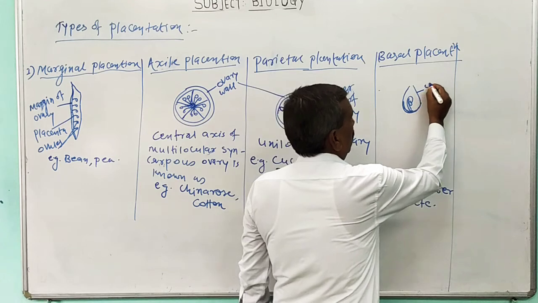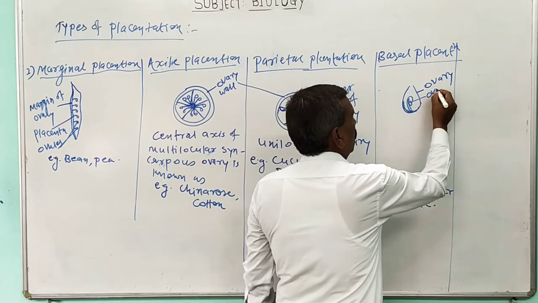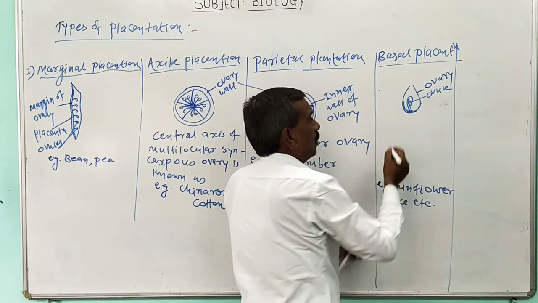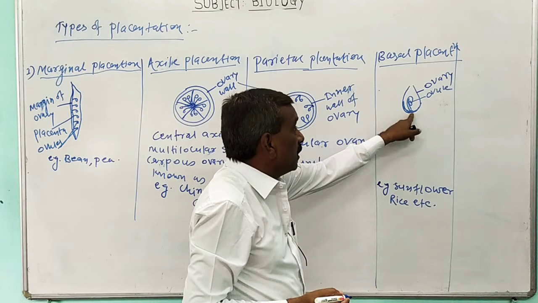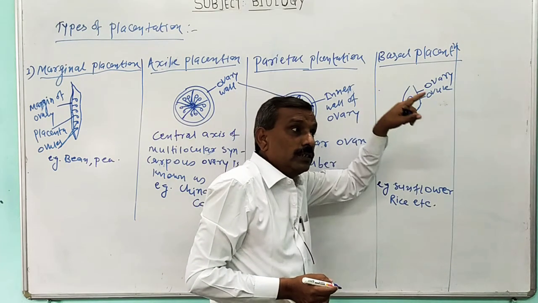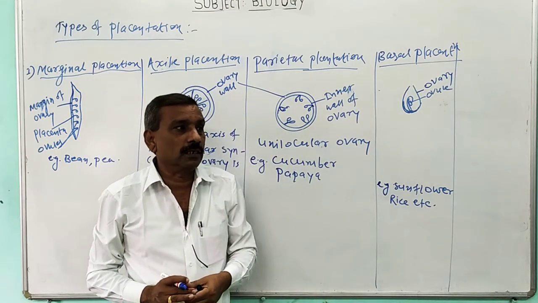Now here this one is the ovary, this one is the ovule, and this one is the base consisting of placenta, and from this basal placenta a single ovule is developed. That placentation is known as a basal placentation.